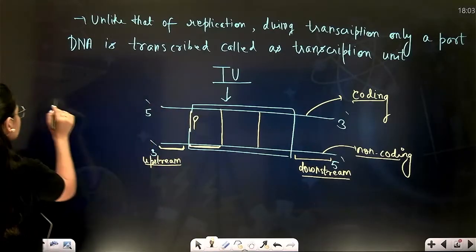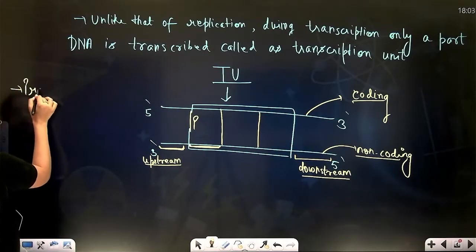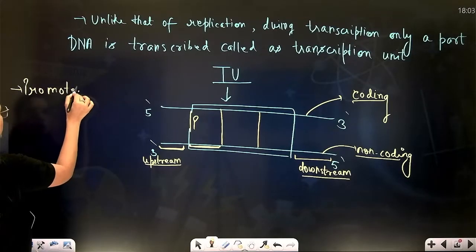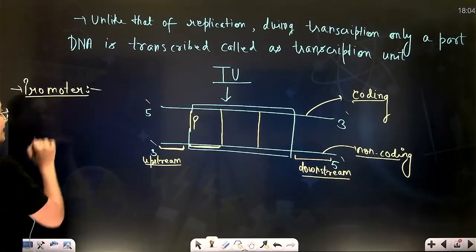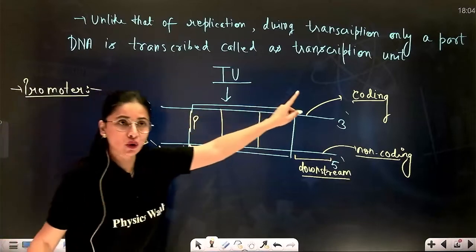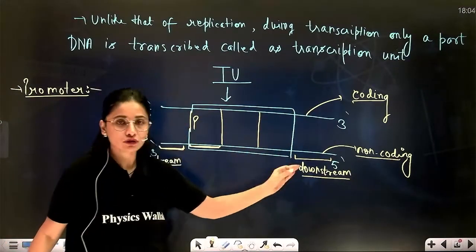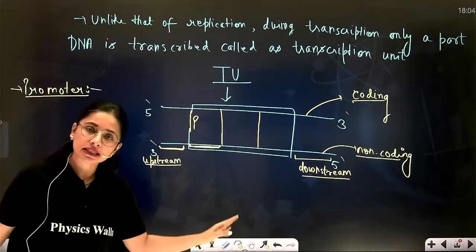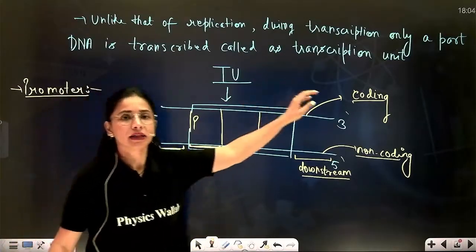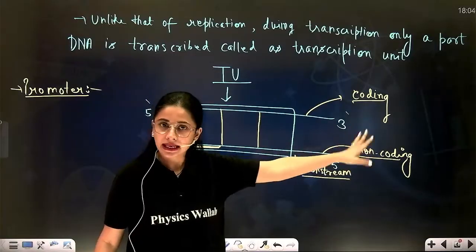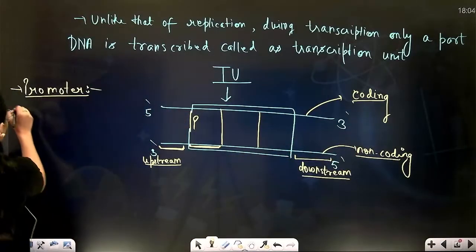So, first section of transcription unit is beta promoter. Promoter is present at the 5' end of coding or 3' end of non-coding. Usually, the polarity of transcription unit is decided by the coding strand. Correct?